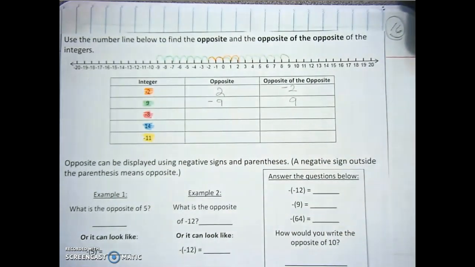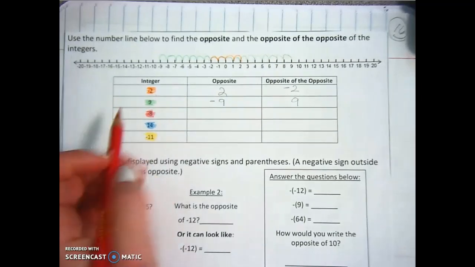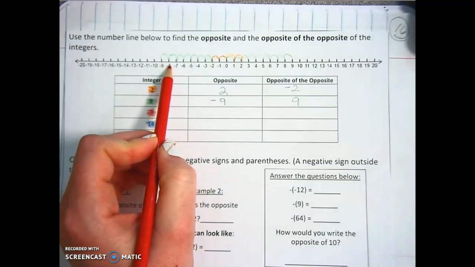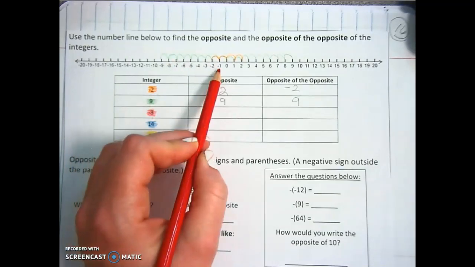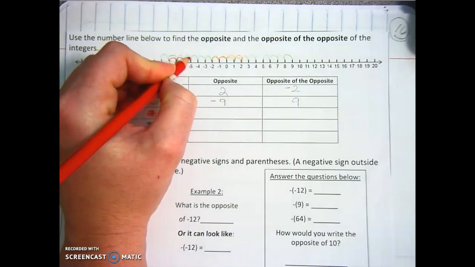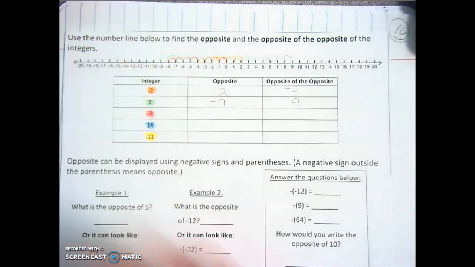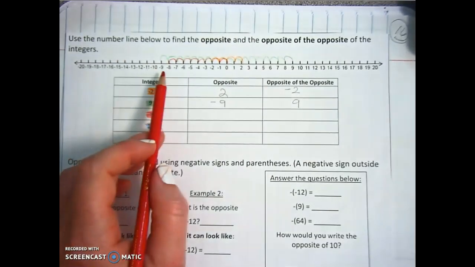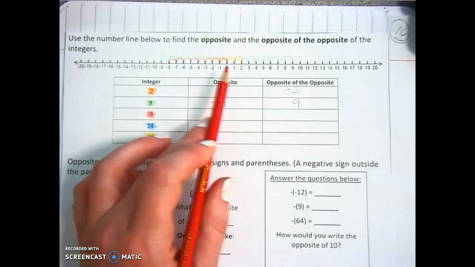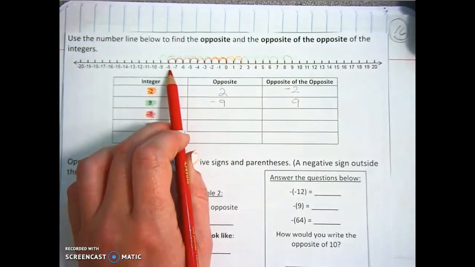Now, we're going to continue on with our red color, which is -8. We're going to start at -8, and I need to count the spaces between -8 and 0 on the number line. 1, 2, 3, 4, 5, 6, 7, 8. 8 spaces between -8 and 0. So I'm trying to find the opposite. I need to go the opposite direction to find the opposite of -8.